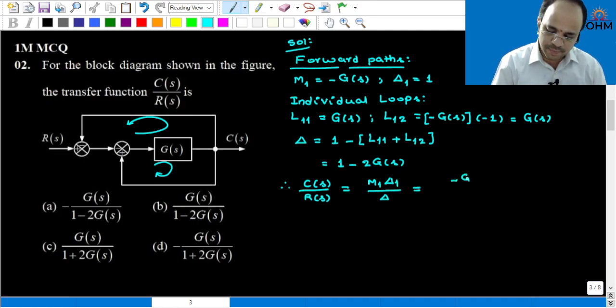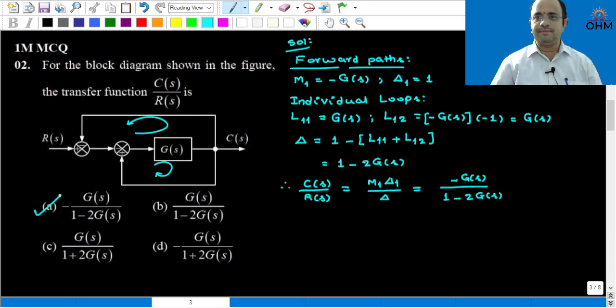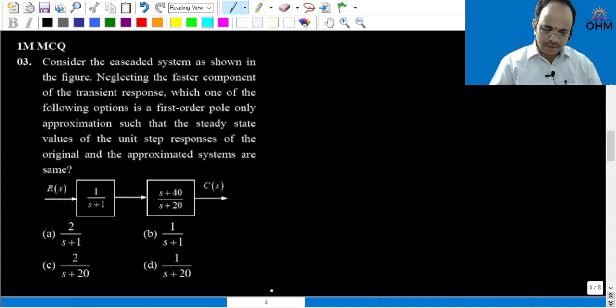This will give you minus G of S divided by 1 minus 2 into G of S, and hence option A is the correct answer. Now, let us go to the next question.